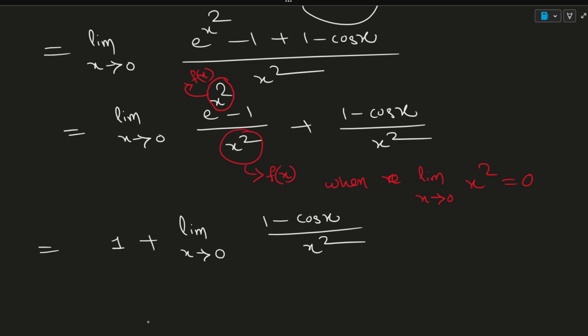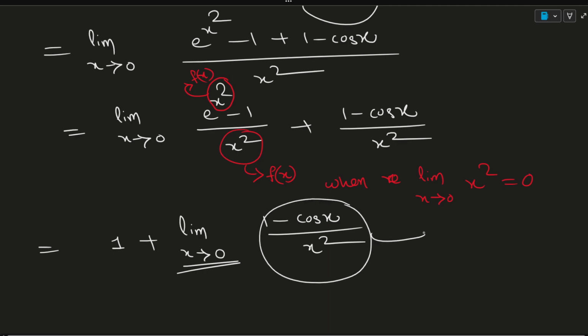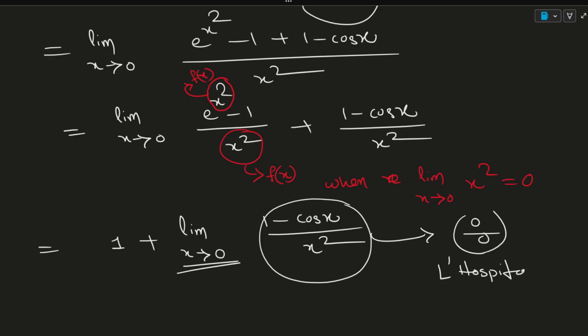I can see that when x tends to 0, this function reduces to 0 by 0 form, so I can apply L'Hospital rule.